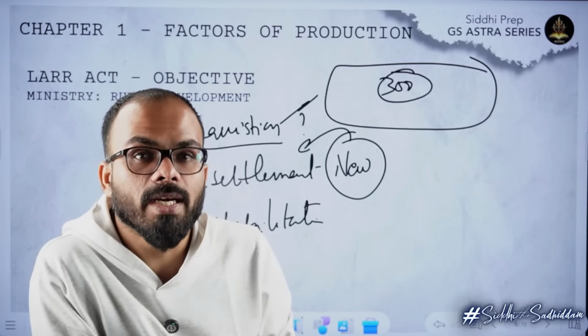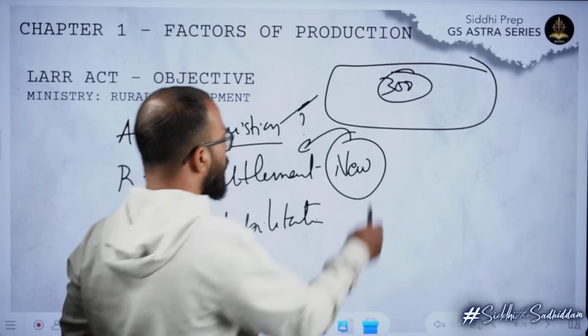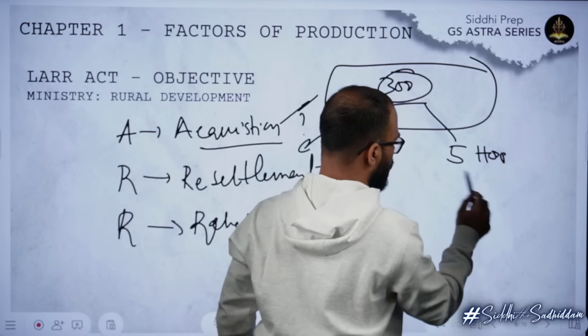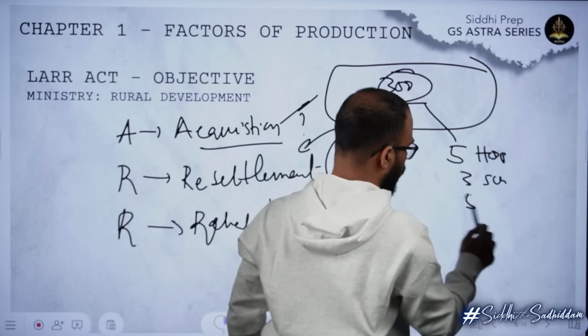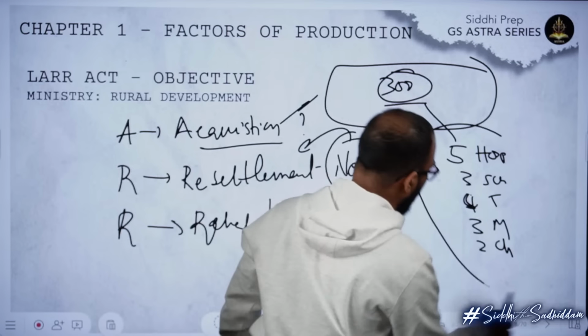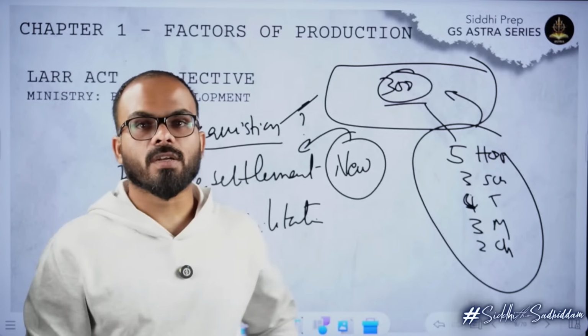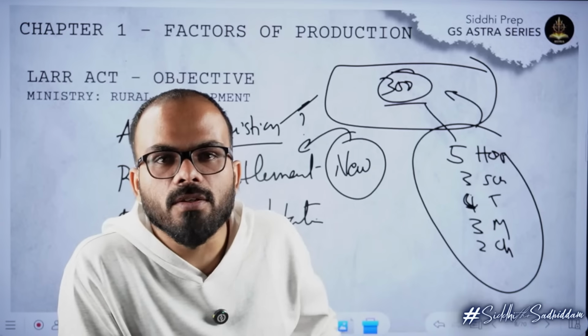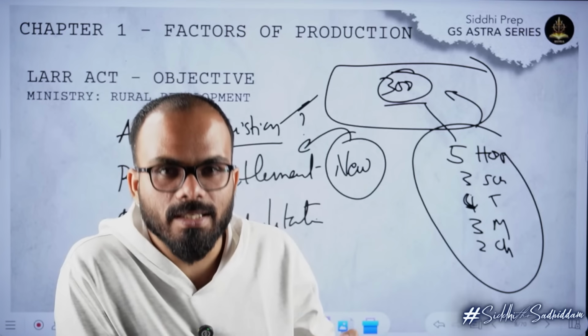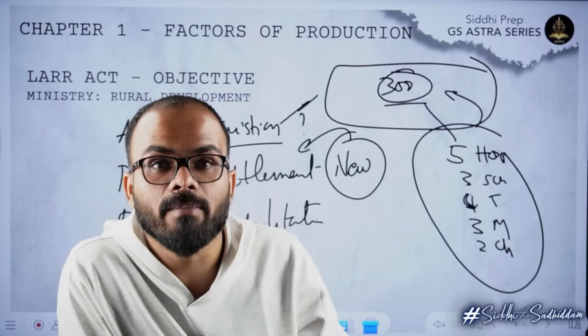Then what is rehabilitation? Please understand, in these 300 villages, there could have been 5 hospitals, 3 schools, 4 temples, 3 masjids, 2 churches. There could have been a lot of things in these villages. But who will take care of all these things in the new place? That kind of facilitation is called rehabilitation.